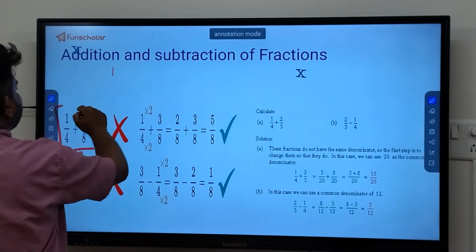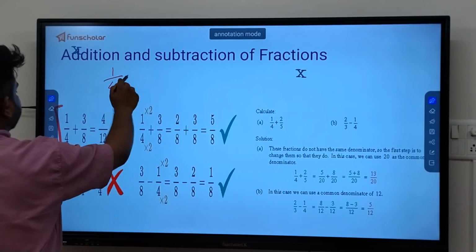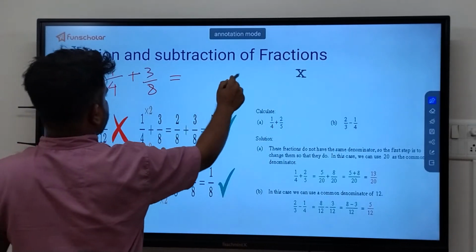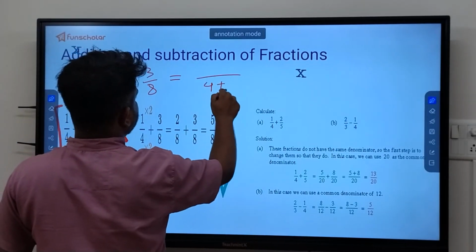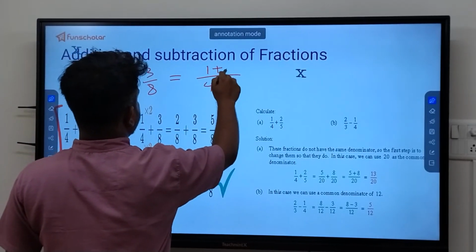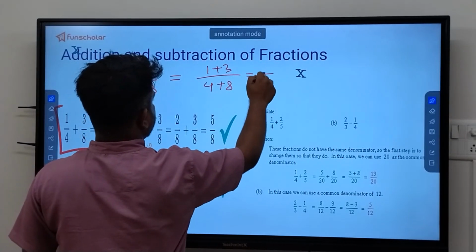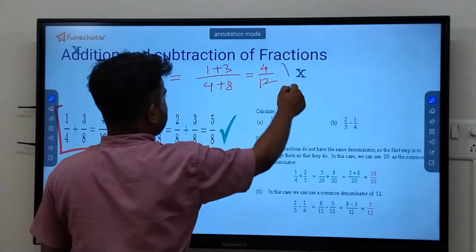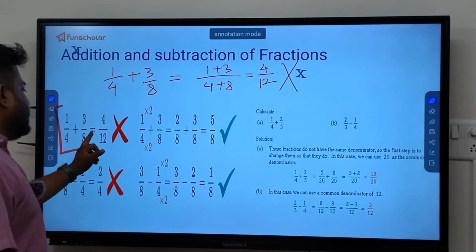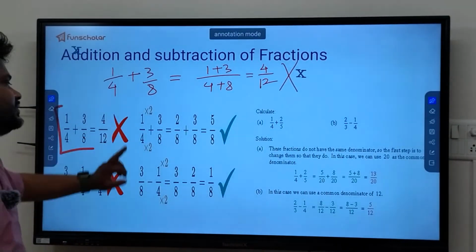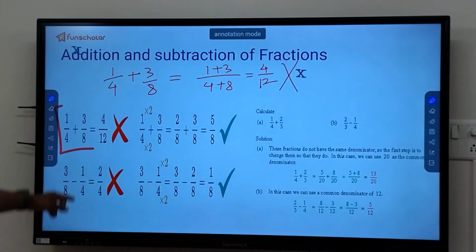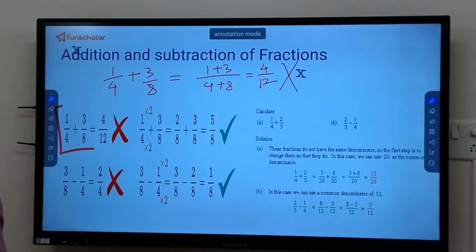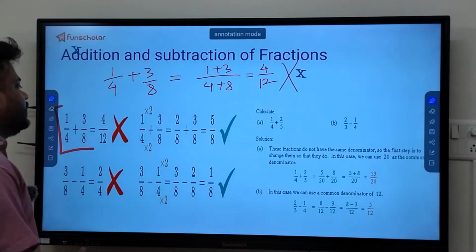People generally try to add like this, but this is not the correct answer. For subtraction as well, this is the wrong way to do it.